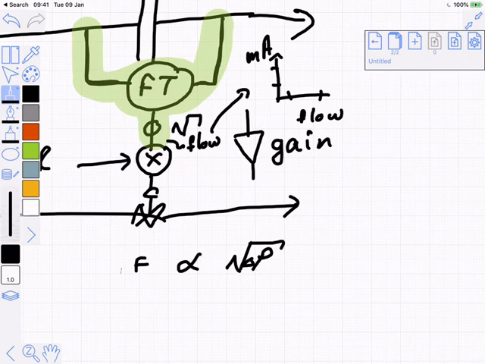And so this whole scheme could conceivably be completely mechanical. There's nothing in what I've drawn here that absolutely requires electricity of any kind. Electrons, like, do not have to feature into this.